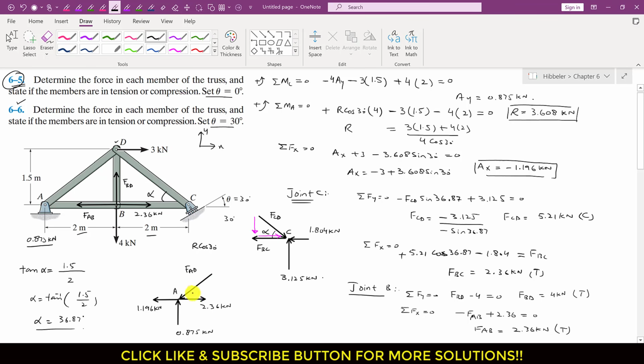And this is FAD, and as we know that both of these triangles, ABD and DCB, are similar triangles, right? So if this angle is alpha, then this angle is also alpha. So this means that FAD is also making that same alpha angle, which is 36.87.